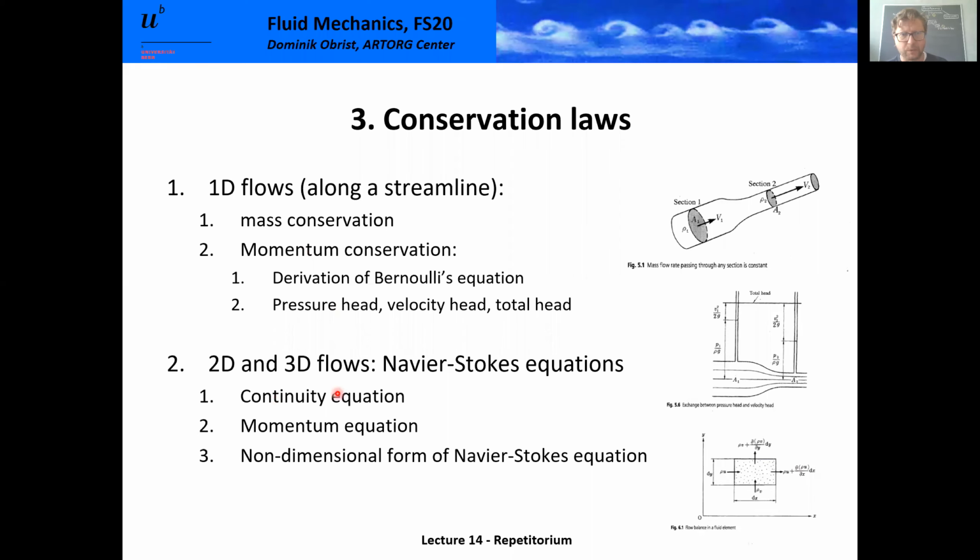And here, continuity equation, which in incompressible flow essentially means that the divergence of the velocity field must be 0.